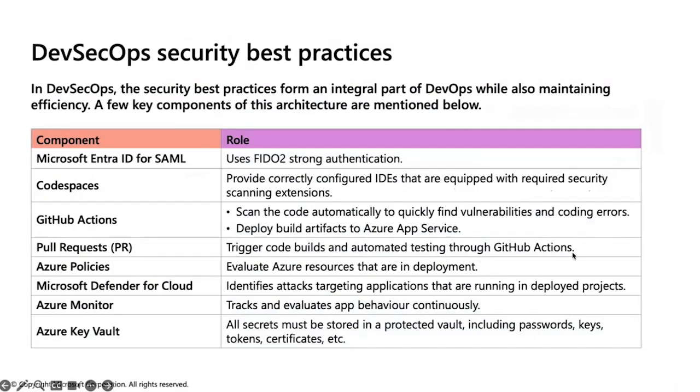Always follow this. Azure Policy you can use to control or evaluate Azure resources. Then MDC, Microsoft Defender for Cloud, can be used for identifying the applications and deployed projects. So don't forget to add GitHub in MDC and App Services if you are using GitHub and App Services for your applications.